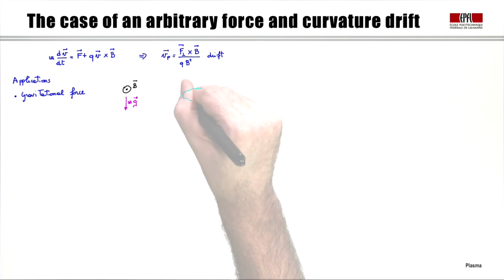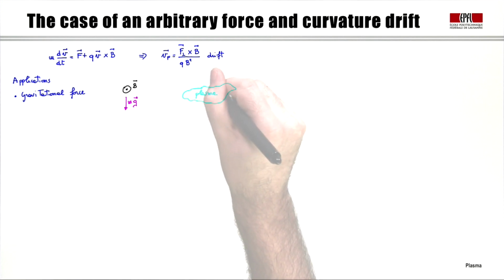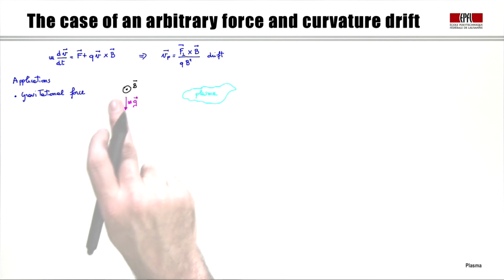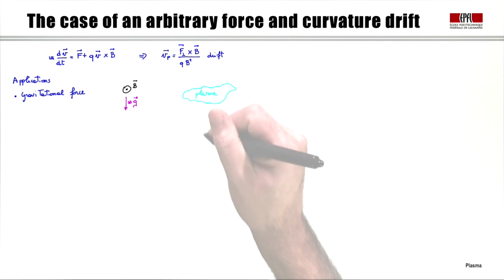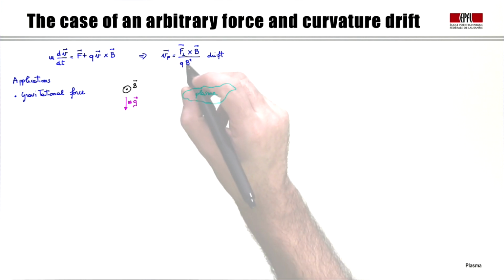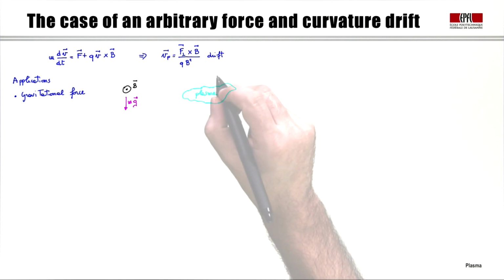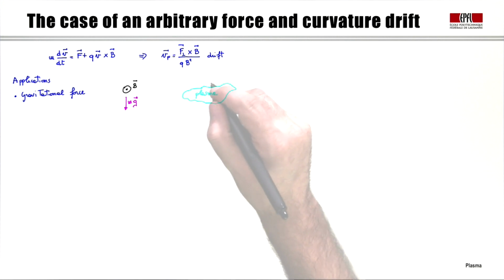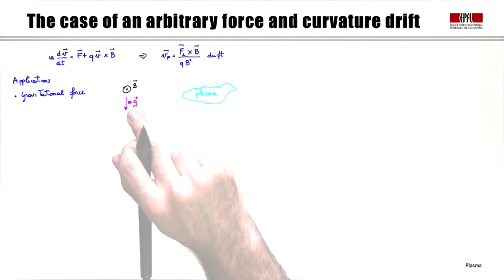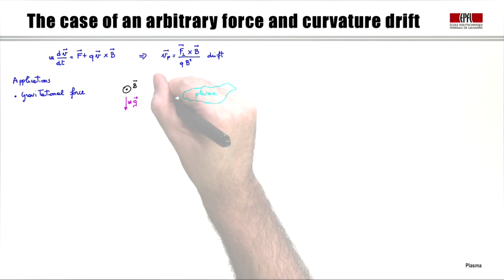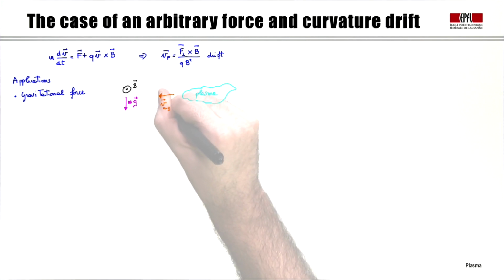More precisely, let's suppose that we have a plasma here, and we are curious to know if, subject to the gravitational force, the plasma will fall. Well, this is not actually the case, because the particles will move according to a drift that for the ions, making the cross product between G and B, goes in this direction. So this will be the drift of the ions.